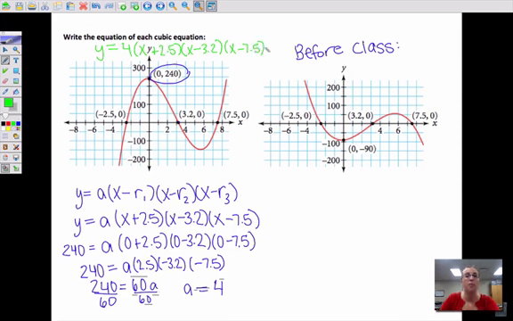So don't forget to go back and write the actual equation of the function. Something you could do is go on to Desmos and type this in there and double check the graph, or if it asks you for general form, you would FOIL the first two and then FOIL this, and then distribute this with the third one, and then multiply everything by 4, and you'd end up with your general form. Okay, so I'd like you to try the same process with this other cubic function before next class.